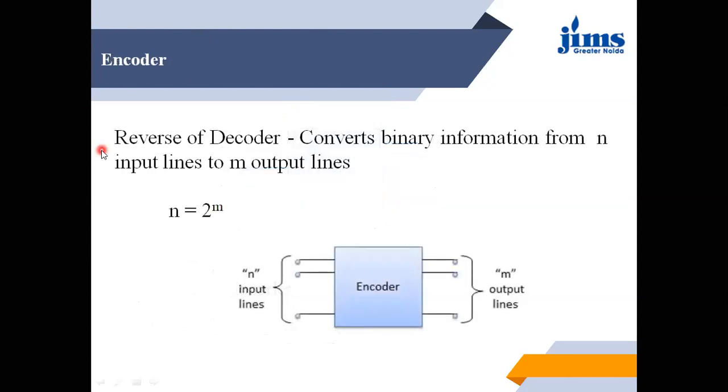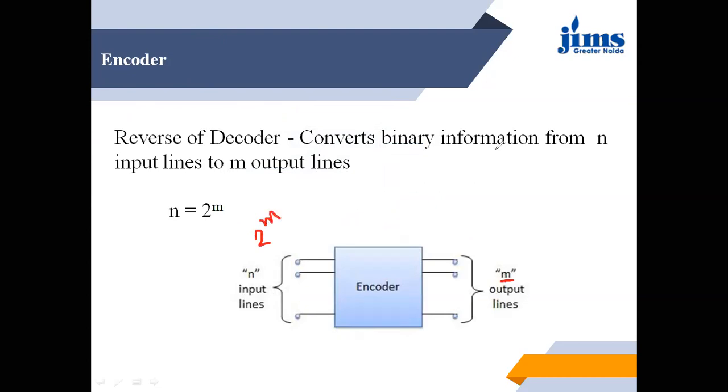Now the encoder, this is the reverse of the decoder. In this, input lines are more than output lines. Suppose there are m output lines. In that case input lines will be 2 raised to the power m.